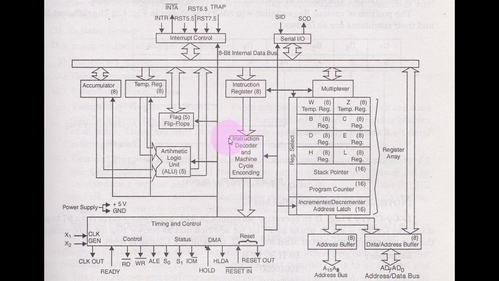So this instruction decoder is actually a kind of lookup table where all of the 74 instructions and their 246 permutations and combinations are known to it. Accordingly it will instruct the timing and control unit to set the micro operations needed to do that complete task.